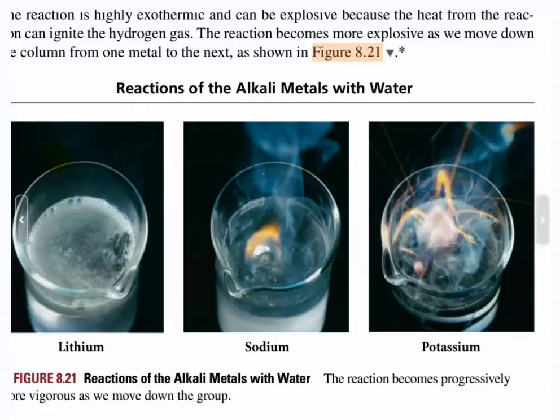So you end up more easily ionizing it, or another way of saying that, a less endothermic process. And since the other side of this, the reduction, the formation of hydrogen, is exothermic, that ends up outweighing it, and that's why you end up with this big explosion.